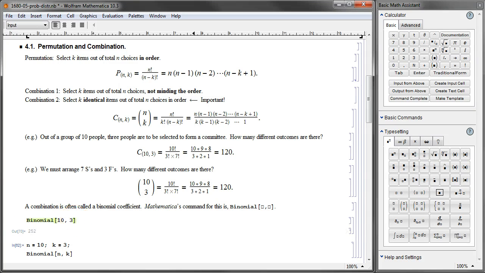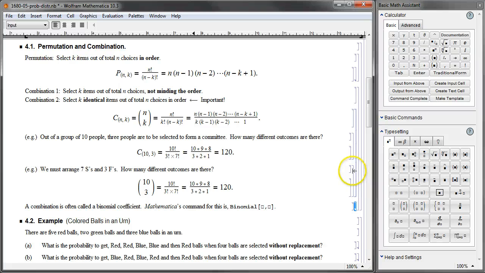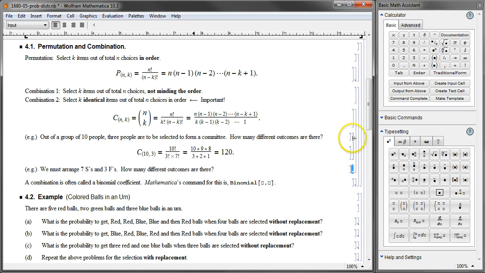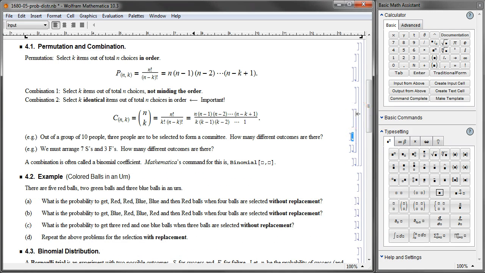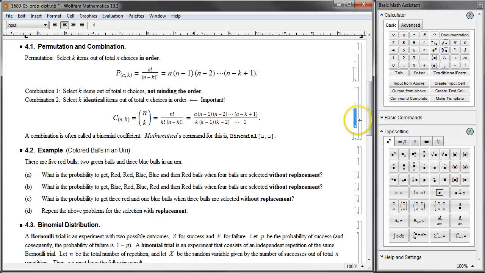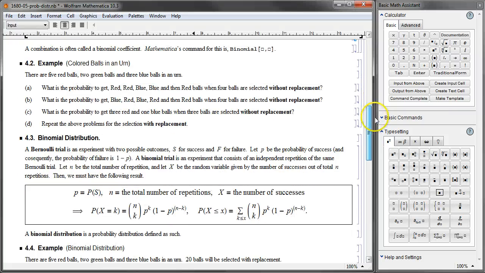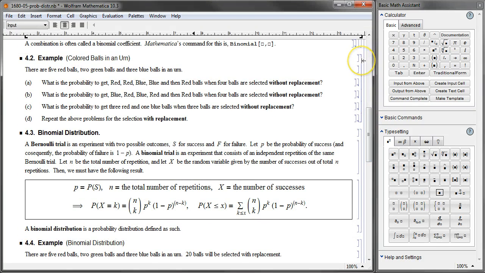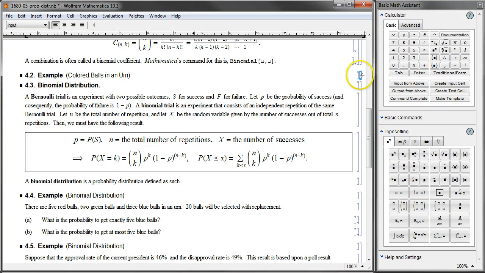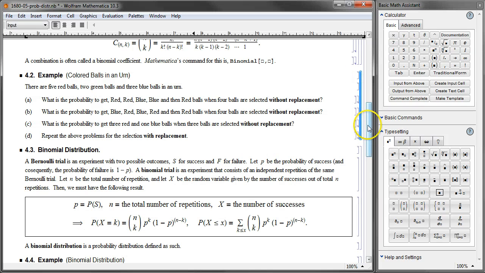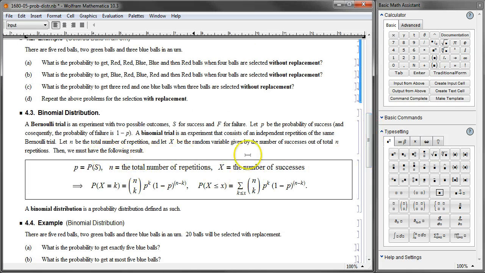I can easily calculate them using Mathematica, but to use a handheld calculator, this may be a pain. Okay, we went through computational techniques and so on. So let's move on to binomial distribution. Let's not worry about counting techniques here. So let's skip this one and let's go over to binomial distribution.